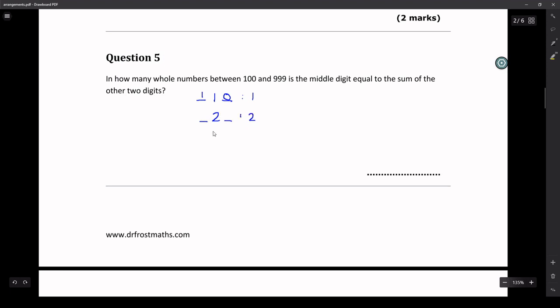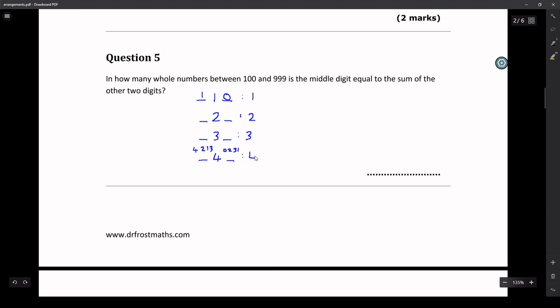So that's 2 ways. If the middle digit was a 3, you could have the following. You could have 330, 231 or 132. If the middle digit's a 4, we could have 440, we could have 242, we could have 143 or 341.